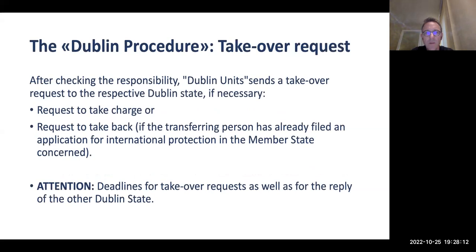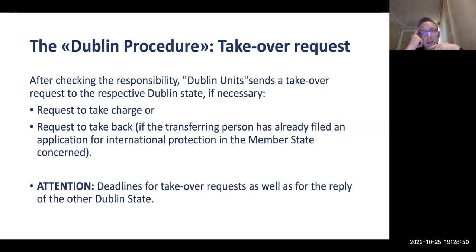So how does it work in practice? The Dublin units talk to each other. So the German Dublin unit, which is inside the BAMF, the authority which also provides the asylum decision. Put in a very practical sense, for example, the German Dublin unit has identified that the application came to their knowledge.